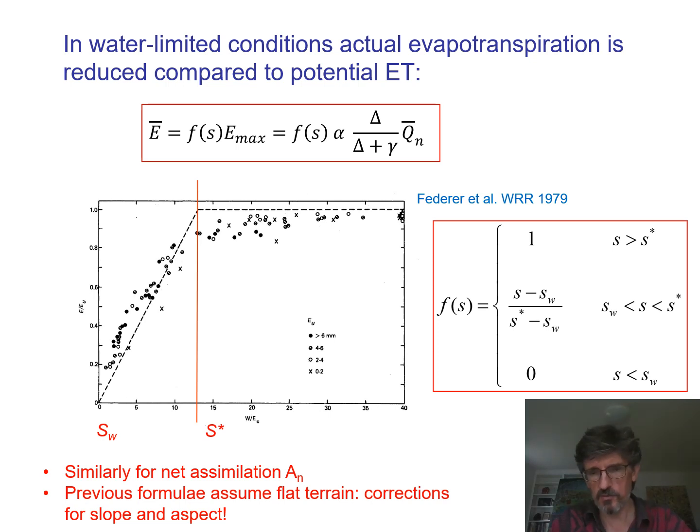You need certainly to think of corrections that account for slope and aspect, but also if you start having hills, let alone topography, then the boundary layer gets disrupted, the meteorology changes, the atmosphere changes because the boundary conditions become very irregular, and so there are issues of orographic precipitation and lots of other things that are very difficult to model and that are certainly beyond the scope of our course here.